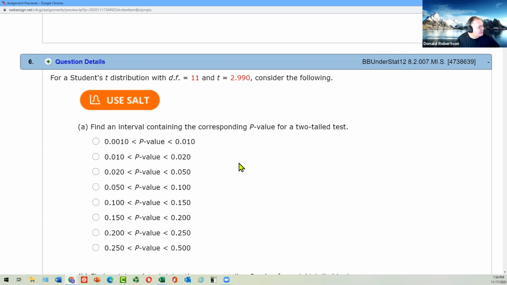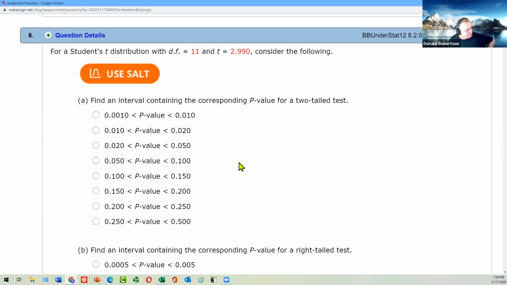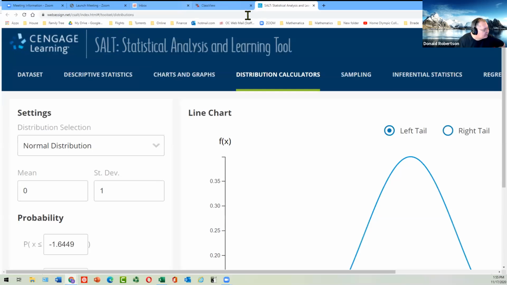This one here, right. What we're being asked here is to find the p-value. And the only thing they're telling us is 11 degrees of freedom in the t, right? So when I click on use SALT, it looks like this.